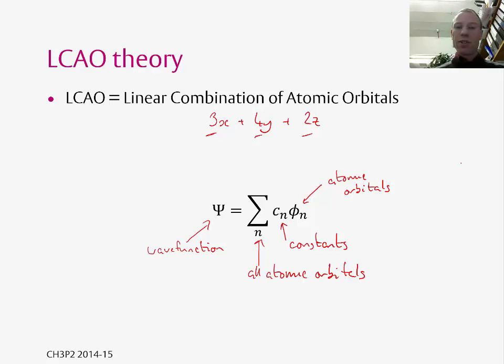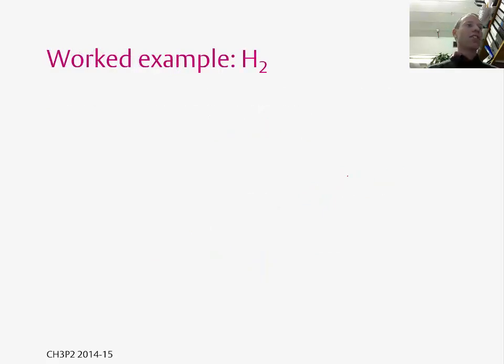We now need to put that into practice. So what we're going to do is have a look at the H2 molecule and work through the molecular orbitals, the linear combination theory. We're going to use a so-called minimal basis. Basically, to understand the bonding in H2, we've got two atoms, HA and HB, and we're going to look at this bonding in terms of the smallest set of atomic orbitals possible.